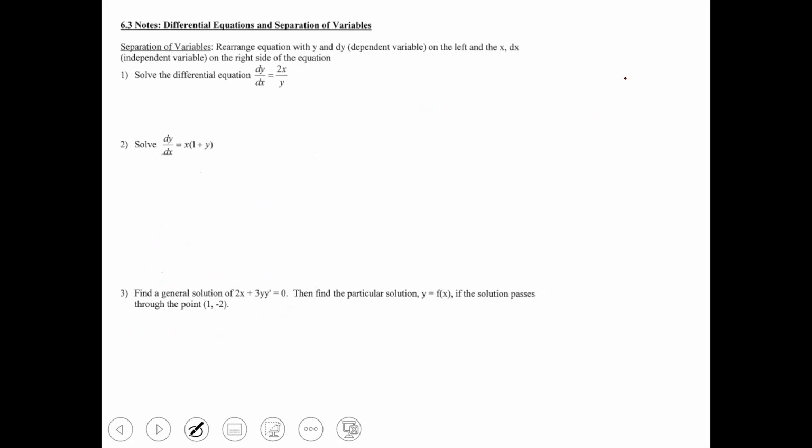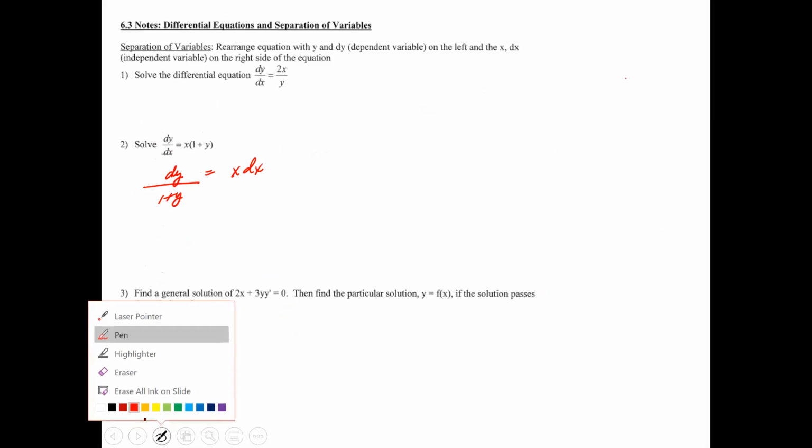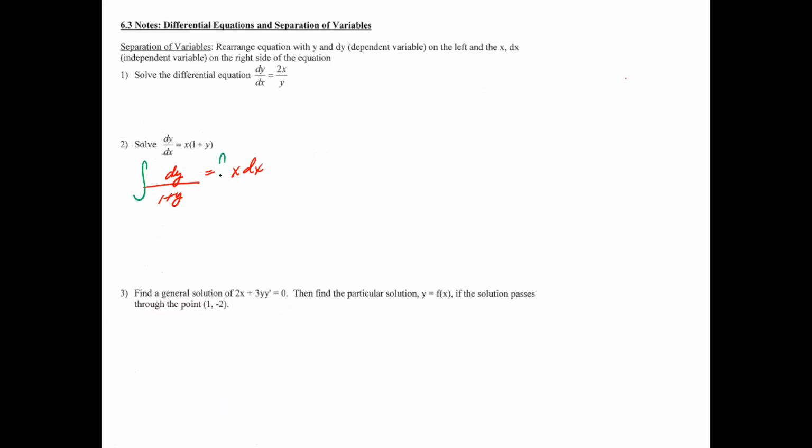All right, let's take a look at number 2. With number 2, you have dy equals, I'm going to divide that, so 1 plus y equals x dx. Let's integrate both sides. On the left side, if I do a u substitution, u equals 1 plus y, du is just going to be 0 plus 1 dy.